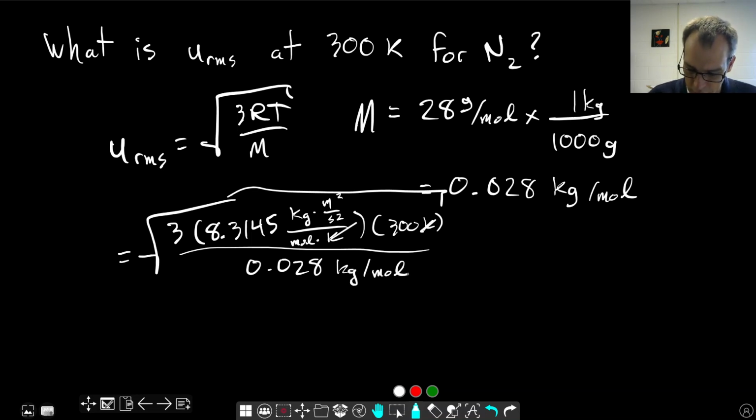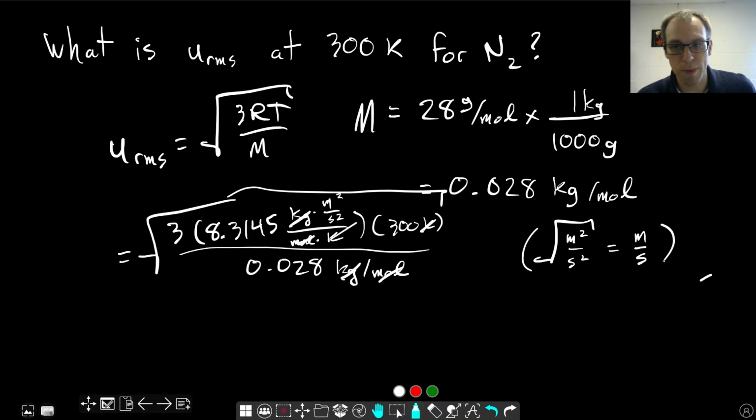Now we use these units again so that these kilograms will cancel here. Our moles will also cancel. And so we're going to be left with, thinking of just the units, the square root of meter squared over second squared, which is meters per second, which is a nice speed, right? A good speed unit, a distance over a time. So we have everything correct here.